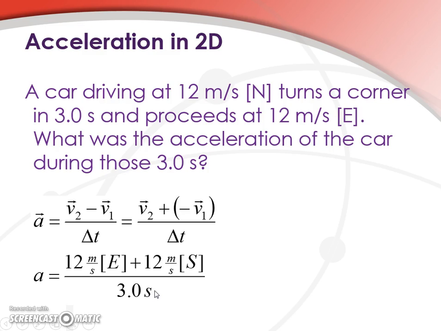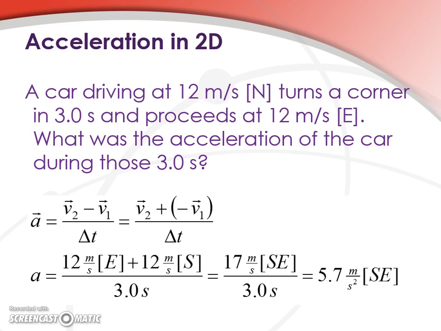And we can again pretty quickly use Pythagoras and trigonometry to get the angles and the intensity. So this becomes 17 meters per second southeast divided by 3 seconds equals 5.7 meters per second squared southeast.